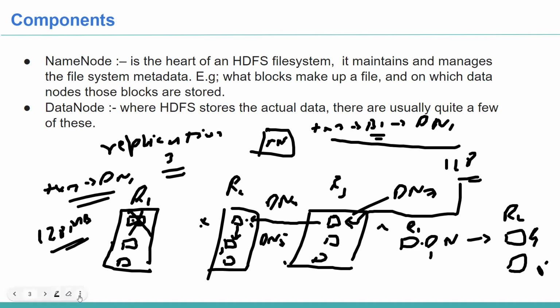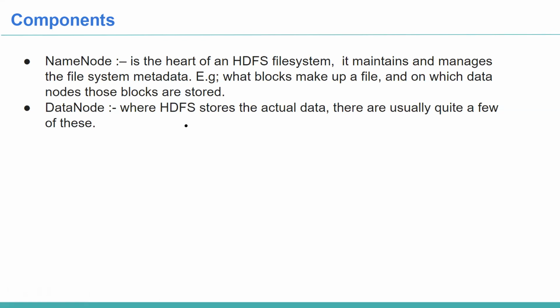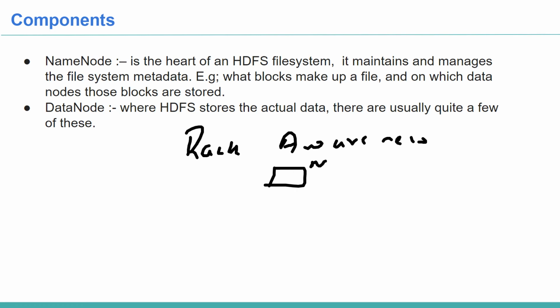Okay. Also, there is a concept of a rack awareness. Rack awareness meaning that, let me clear the screen. So there is something called a rack awareness. Now, Namenode knows all the information about these racks.